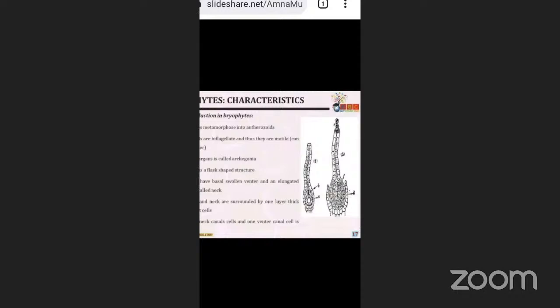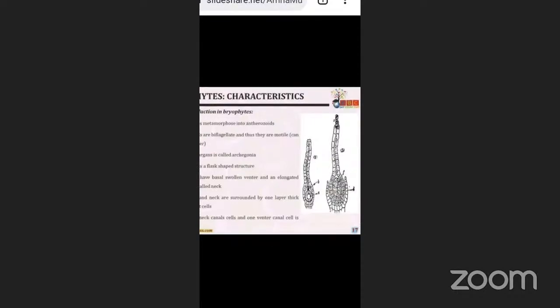This is the archegonium. In Anthoceros, the rhizoids are smooth walled. The sporophyte has a foot and a capsule, and instead of a seta there is a meristematic tissue between the capsule and foot.